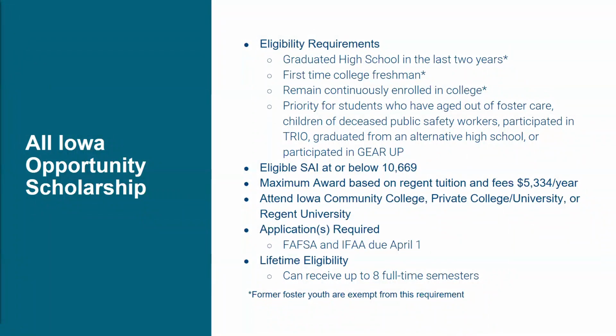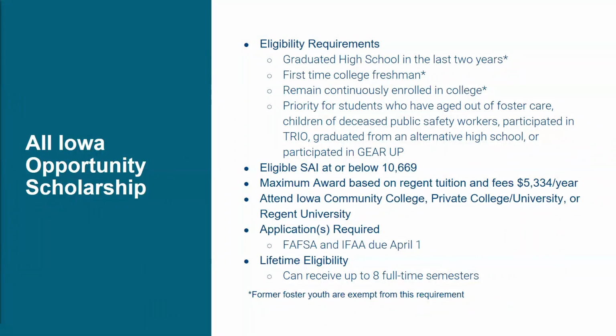On each of these slides with the different programs, you're going to see an eligibility requirement of the SAI, which stands for Student Aid Index, and that is a number that you are assigned when you file your FAFSA. So if you know that number, great. If you don't, you can log back into your FAFSA and figure out what your number is.